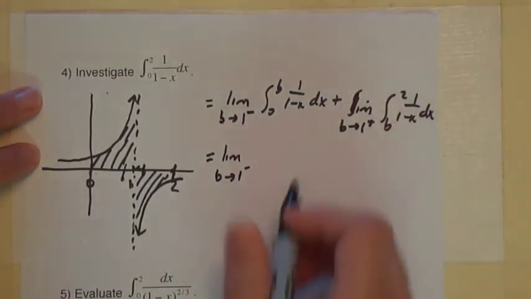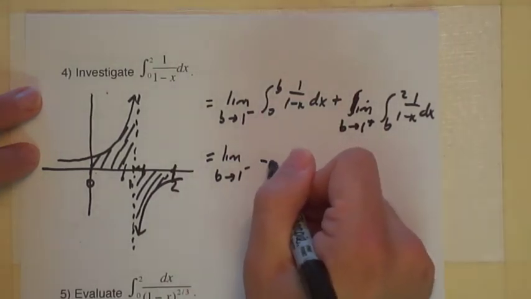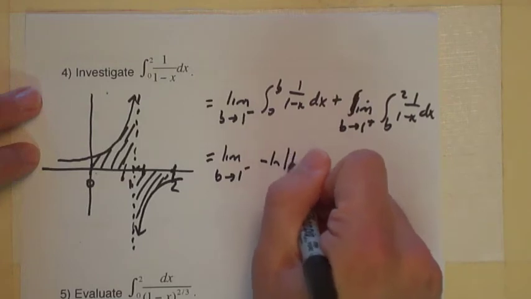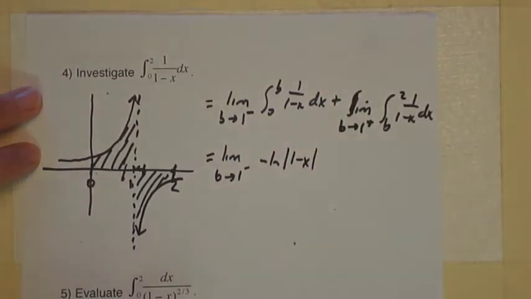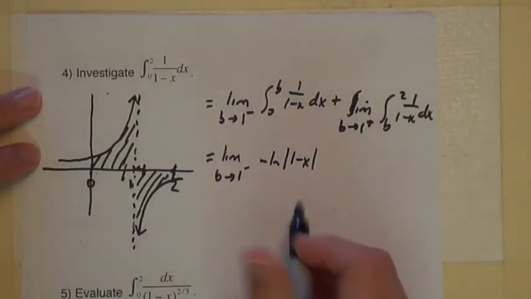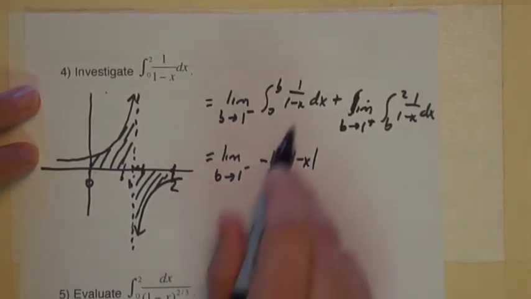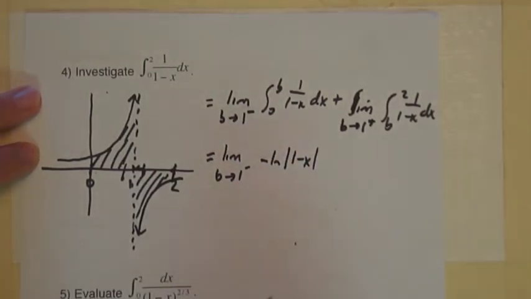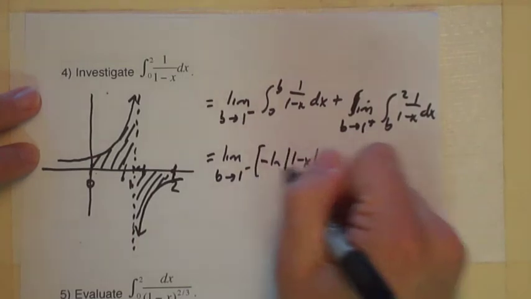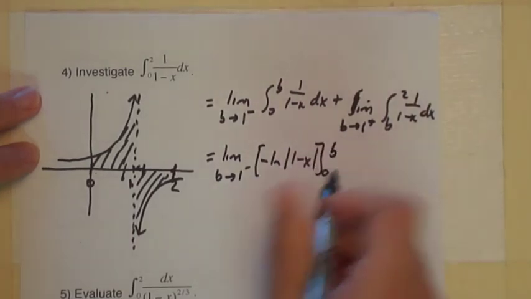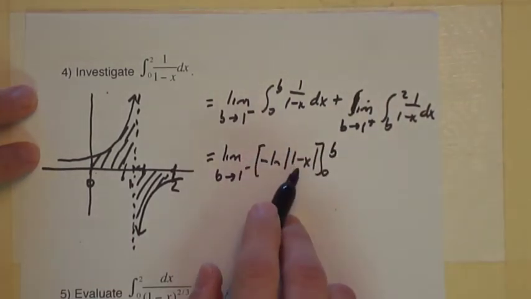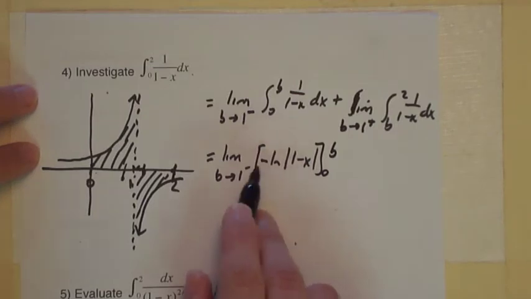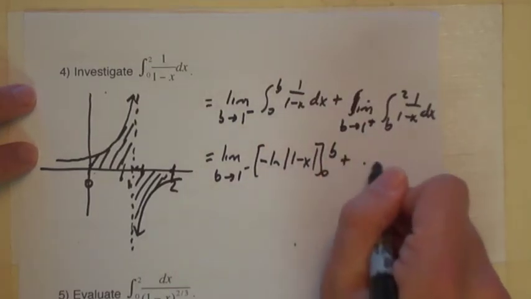So the antiderivative here is the negative natural log of absolute value 1 minus x. The negative sign is to undo the chain rule that results from the negative in front of the x. If you couldn't do that in your head, it's fine to do a u substitution or something on the side. But this is how it turns out.